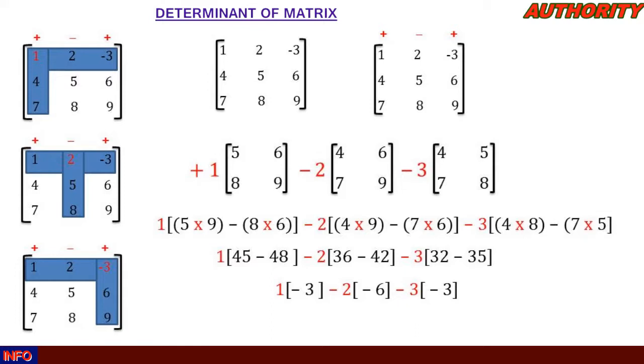Now we have a number and then a bracket, so let's multiply. 1 times minus 3 is equal to minus 3. Then minus 2 times minus 6 is equal to plus 12. Then minus 3 times minus 3 is equal to plus 9. So here we have minus 3 plus 12 plus 9, equal to 18.